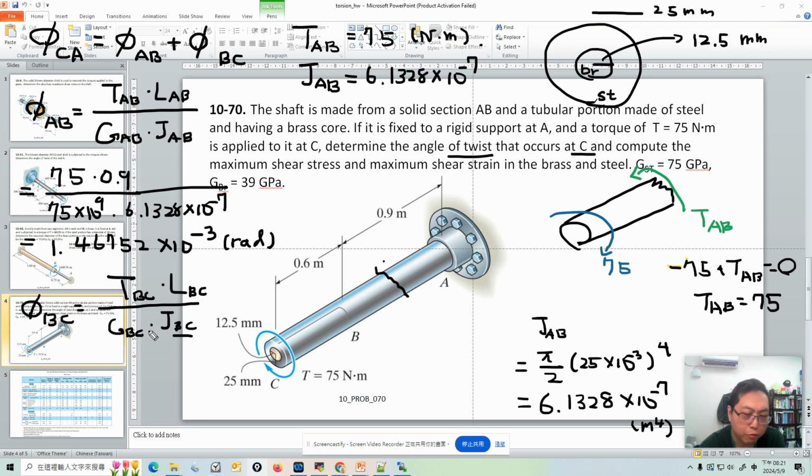But that will face a problem, because in the BC section, this is a core shell section. So it's a core shell structure.